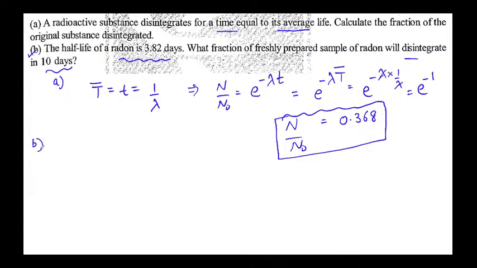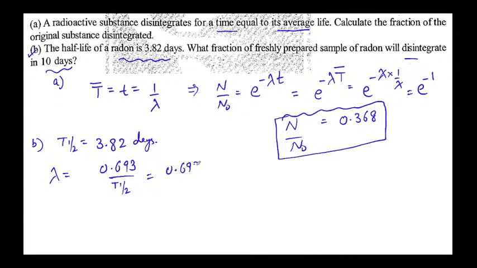So we have T half, that is 3.82 days, and from that we can calculate the value of lambda. So lambda comes out to be 0.693 over T half, that is 0.693 over 3.82, which is equal to 0.181 day inverse.